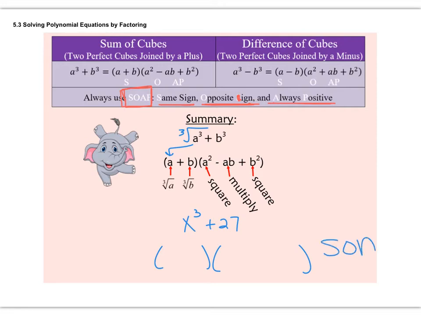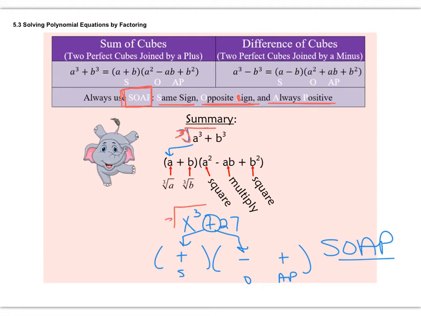I would make sure I use SOAP, so the same sign would go here, and then it would flip to its opposite. Opposite of plus is a minus, and then this sign is always positive. That's a plus. Okay, so we just said it has to be the cubed root of each part.